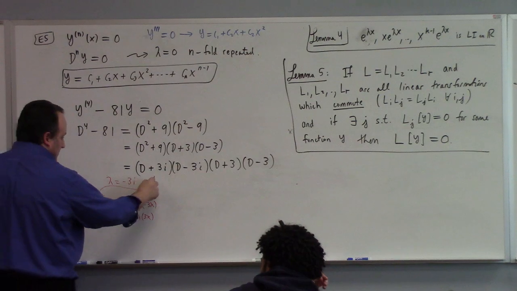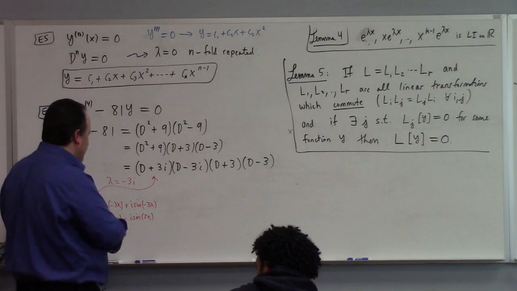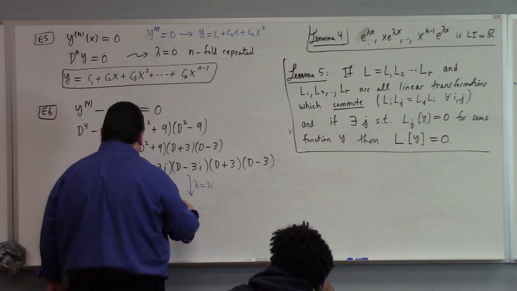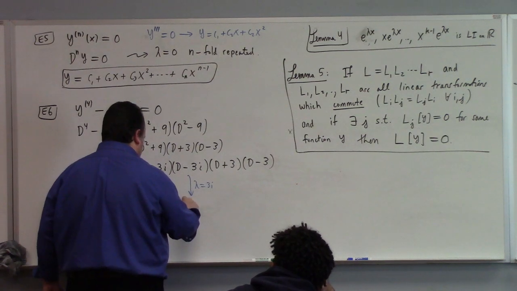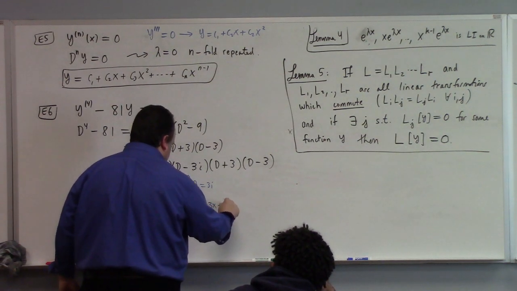That function, when you evaluate on D plus 3i, is 0, that complex function. On the other hand, D minus 3i, I've got lambda equals 3i, right? So there we'd be looking at e to the 3ix, which is cosine 3x plus i times the sine of 3x.